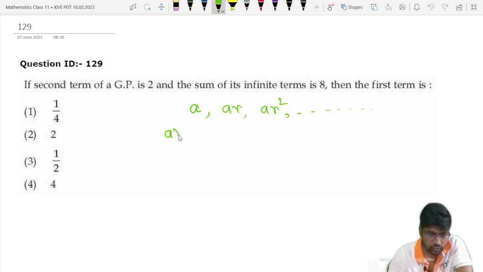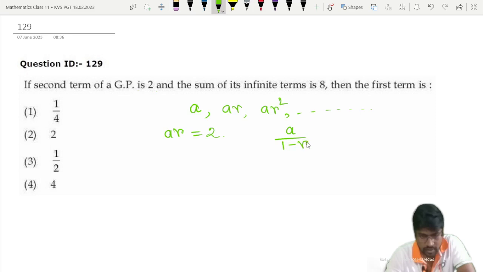The second term ar is equal to 2, this is given, and the sum of its infinite terms, the formula is a divided by 1 minus r, is equal to 8. This is given. We have to find the first term, that means the value of a.